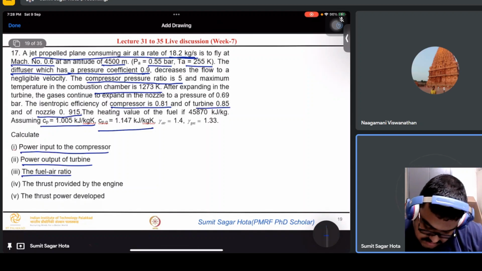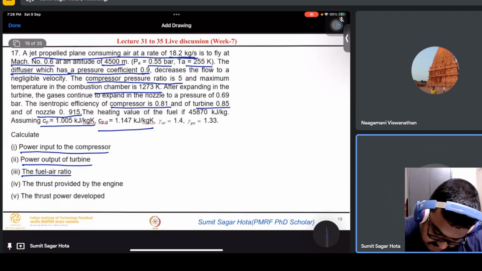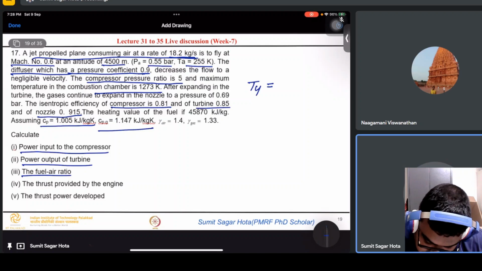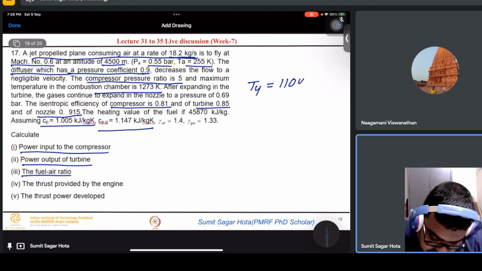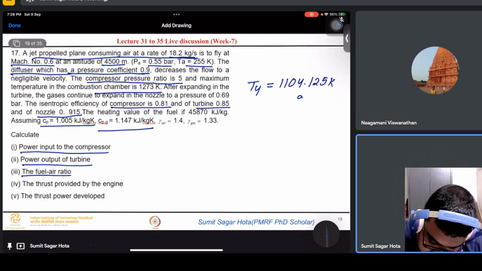I just tell you the value of T4. T4 you just assume as 1104.125 Kelvin. This is given.